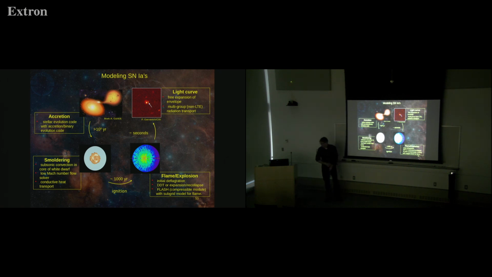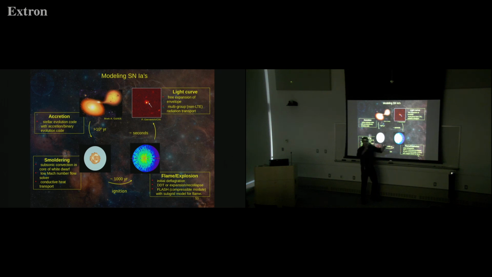And that actually is one of the things that our group is working on. Don Wilcox did some of that work for his dissertation. It takes a special low Mach number code because you have to go for about 1,000 years, and if you capture sound waves, you can't do that. Then you have the ignition and the explosion.